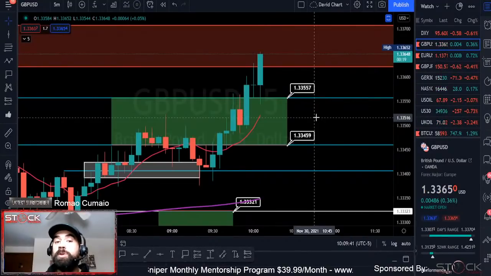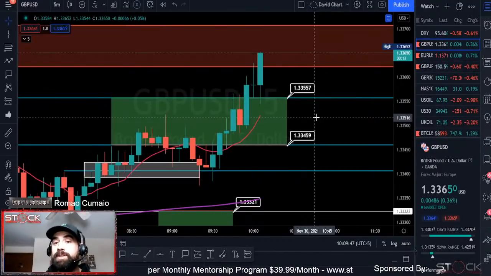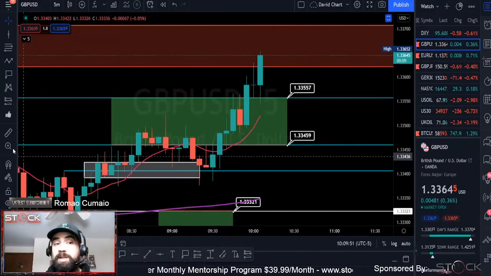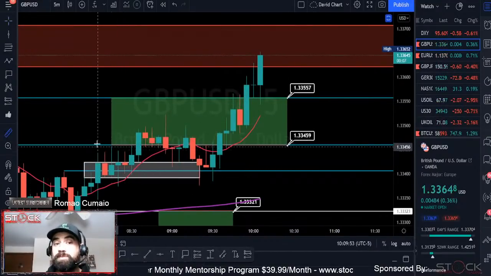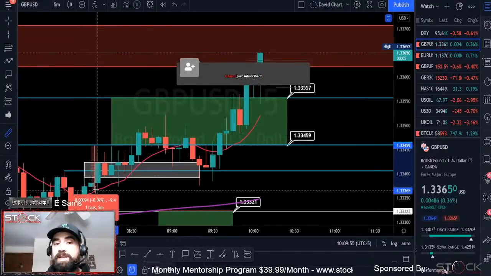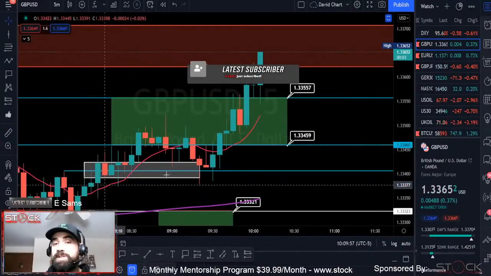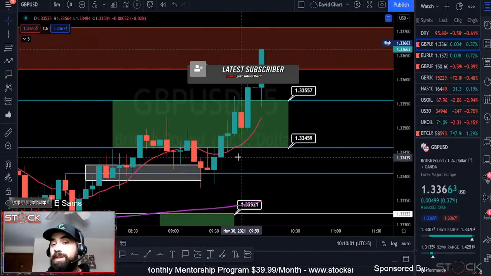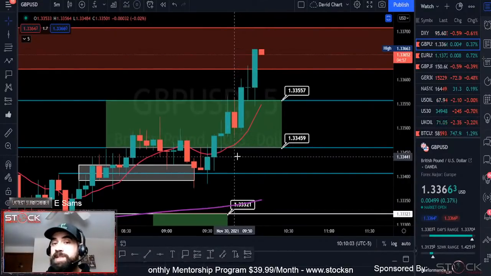Look at GBP USD, guys. This is crazy. This is a big move. We had it here. The stop loss today, I checked out down there at 8 pips. Sometimes I have over 20. But I'm really upset with this.